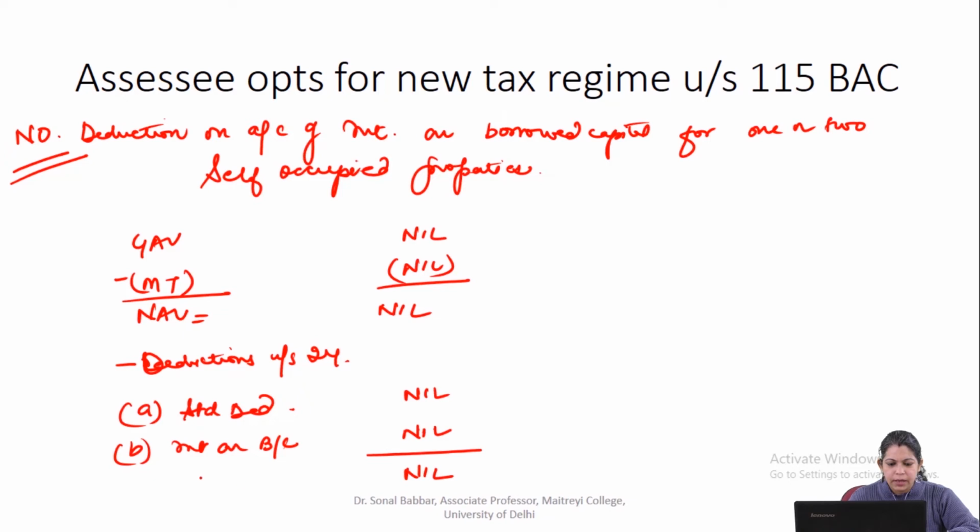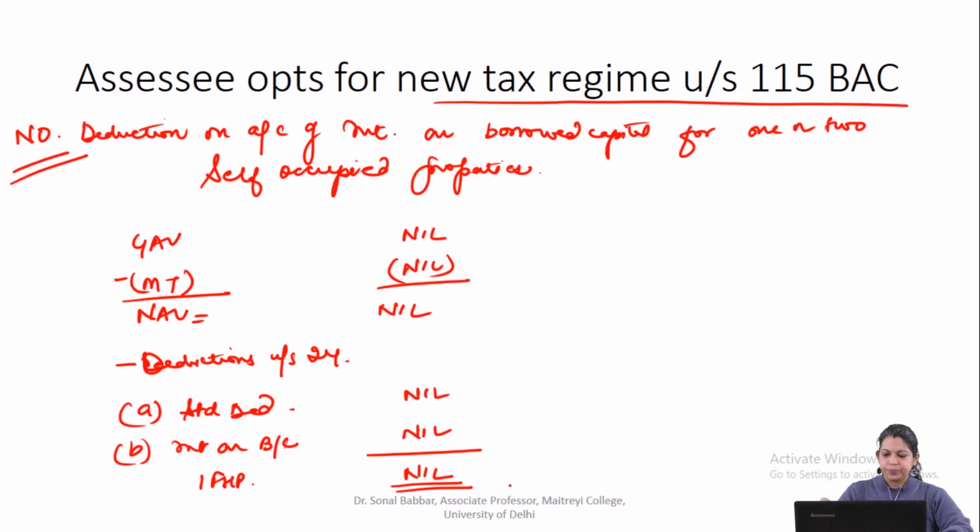As a result, IFHP for a self-occupied property where the new tax regime under section 115BAC is opted for will be nil.